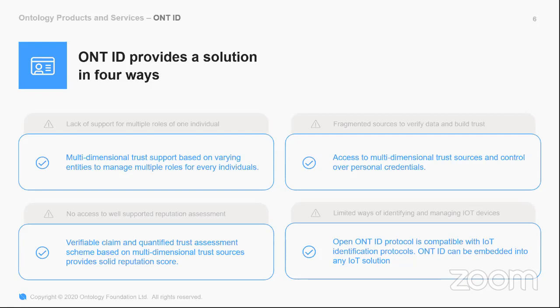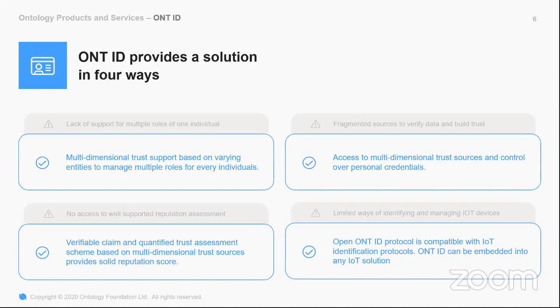And Ont Id can provide a solution in 4 ways: the multi-dimension trust support, also the access to multi-dimensional trusted sources, and also verifiable claims, or maybe verifiable credentials, a qualified trust assessment schema based on multi-dimensional trusted sources.